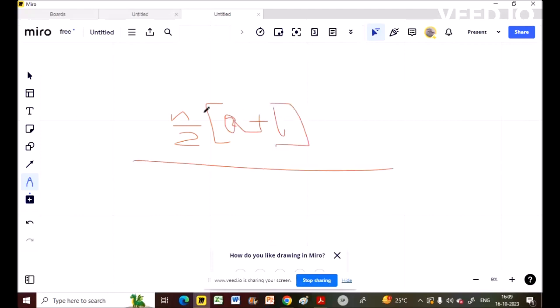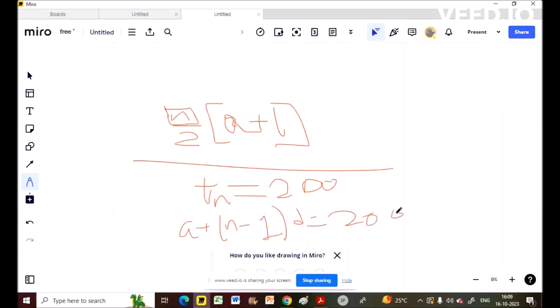We know the l, but we don't know the n, right? But we can find the n. How? We can just consider the nth term tn as 200. We don't know the n value, but we can consider it like that. So a plus n minus 1 into d is equal to 200, right?